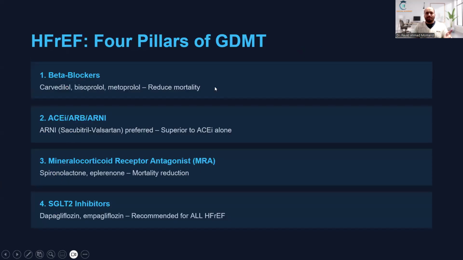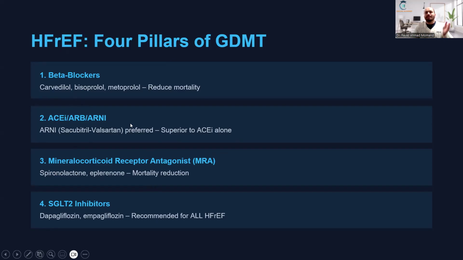Now, heart failure with reduced ejection fraction has four pillars of treatment: beta blockers, ACE inhibitors or angiotensin receptor blockers, angiotensin receptor neprilysin inhibitors, third, mineralocorticoid receptor antagonists, and fourth, SGLT2 inhibitors. Beta blockers reduce mortality.